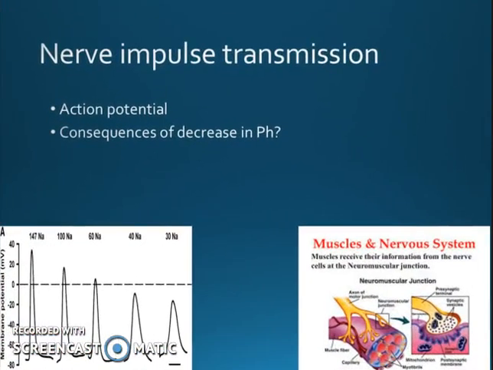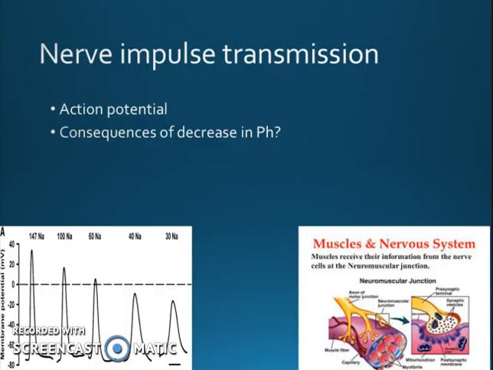So nerve impulse transmission, action potential, and the consequence of the decrease in pH. A decrease in pH or increase in acidity can cause a decrease in conduction speed of the muscle fibers receiving a nerve impulse, which decreases the strength that is able to be produced by the muscles. This decreases a number of things.